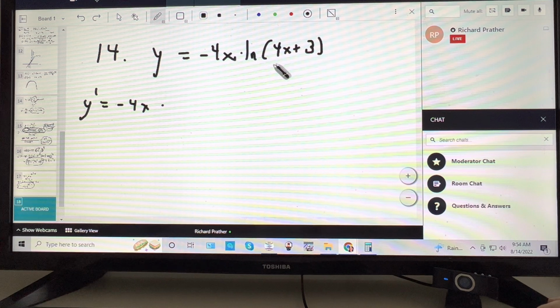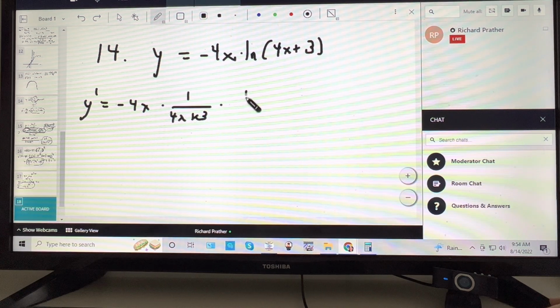So here comes the log rule. First you do 1 over the stuff. If it was anything but ln, you would have 1 over ln of the base of your log. So say it was log base 5, then you'd have 1 over ln of 5. But anytime it's e or ln, that's nice because that just goes away. And then you have to multiply by the derivative of the stuff inside the parenthesis, which would just be a 4.